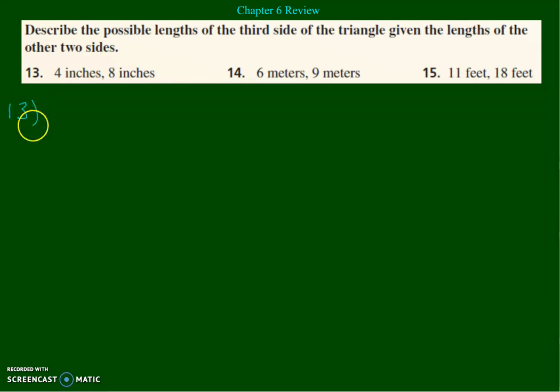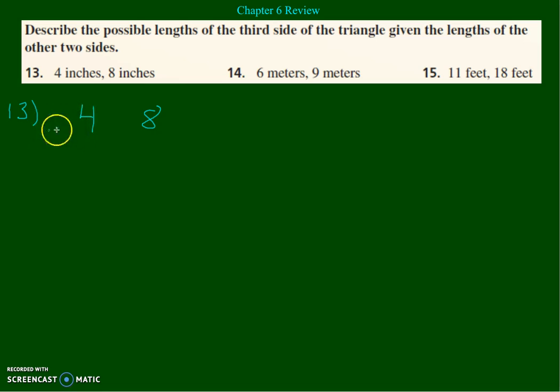We're going to write down the lengths that they gave us for the sides of a triangle. Now, if we look to the left of 4, is there a number less than 4 that when added together with 4 will give us a number greater than 8? No, there's not. Even if the number were equal to 4, 4 plus 4 equals 8, and the inequality theorem says that the number must be greater than the third side.